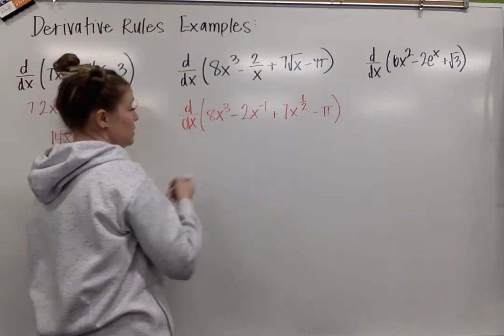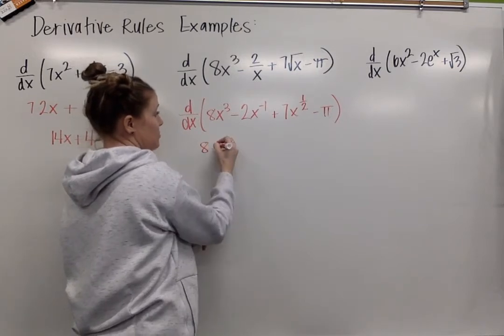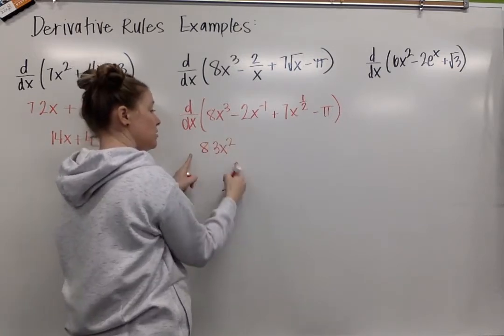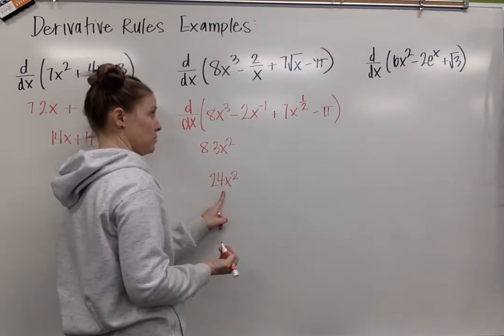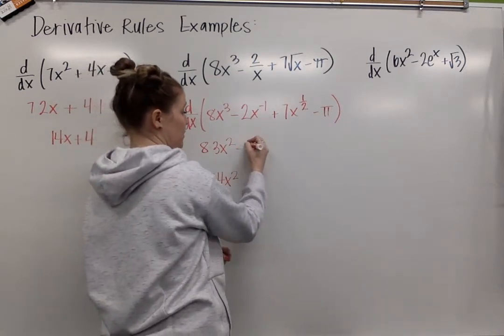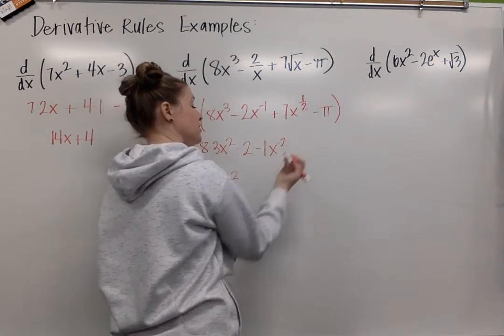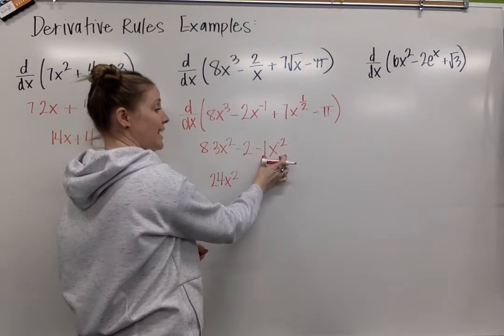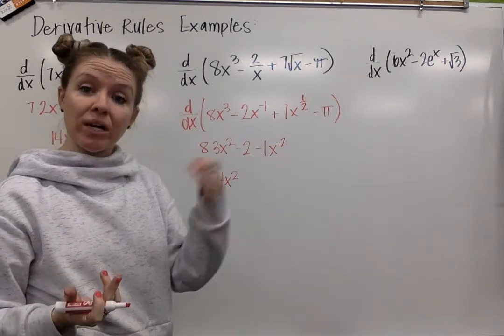So here, the derivative of 8x cubed, that's 8 times 3x squared, which gives me 24x squared. Here, I have a -2 times -1x to the -2. You could keep this as a negative exponent or rewrite it as a positive exponent in the denominator.